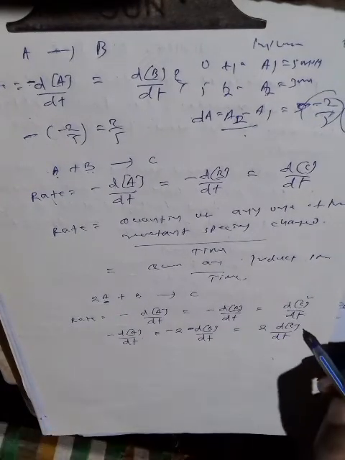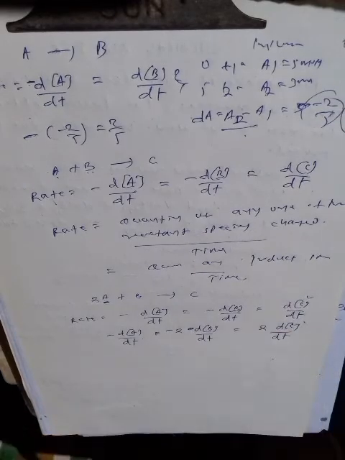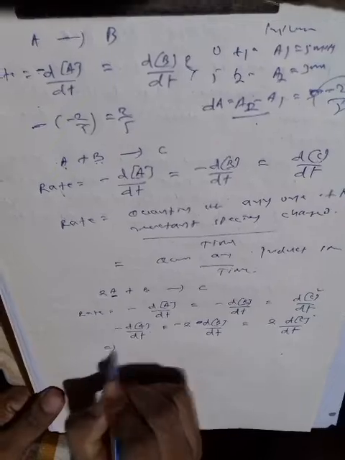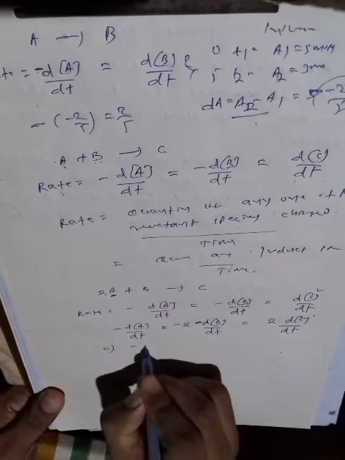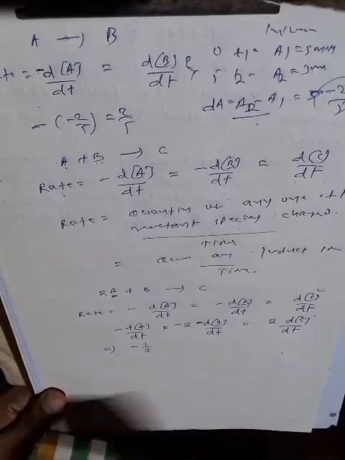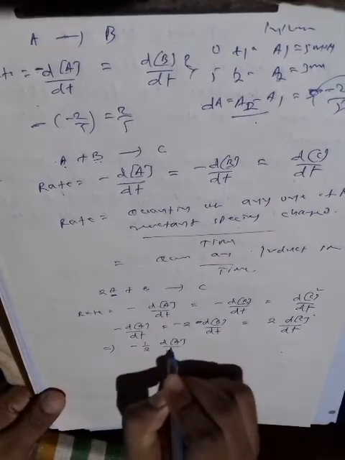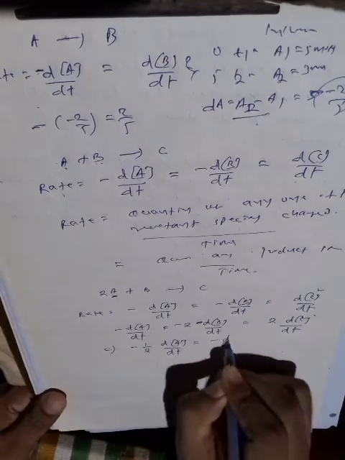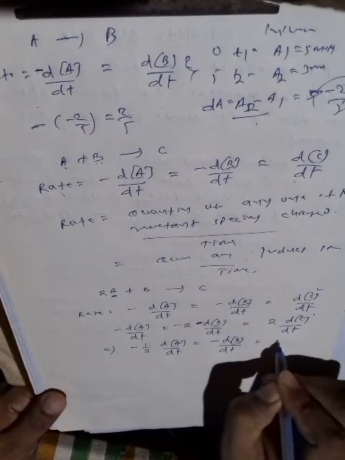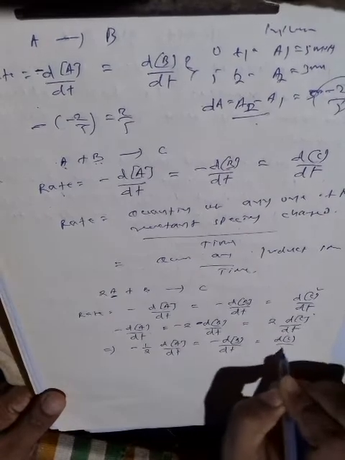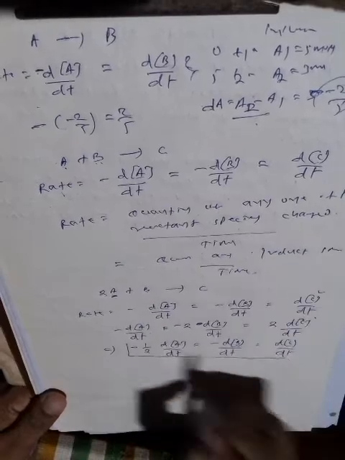So this is the correct rate expression for the given reaction. Or I can also write this as minus half dA by dt equals minus dB by dt equals dC by dt. This is the correct rate expression for the given reaction.